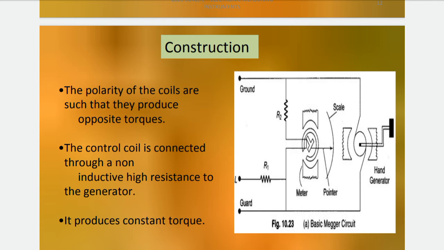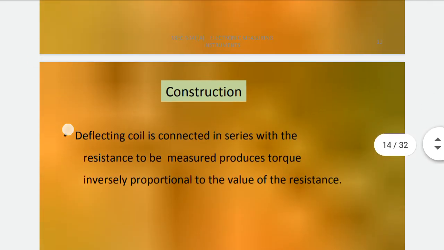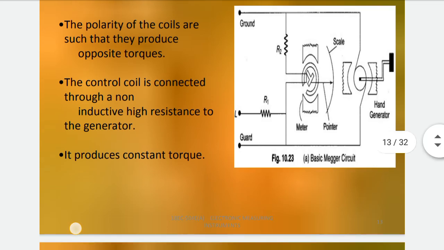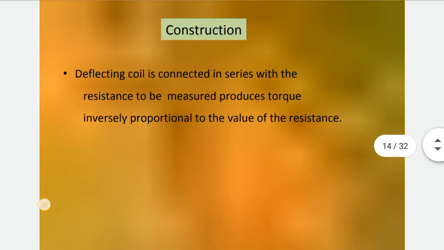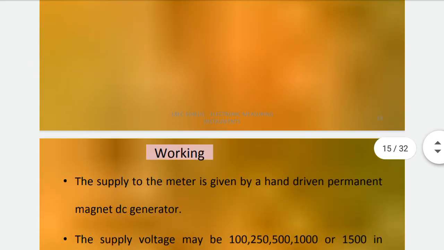The control coil is connected through a non-inductive high resistance to the generator. It produces constant torque. The deflecting coil, which is nothing but the current coil, is connected in series with the resistance to be measured, and produces a torque that is inversely proportional to the value of the resistance.